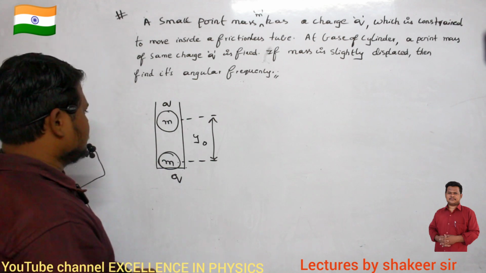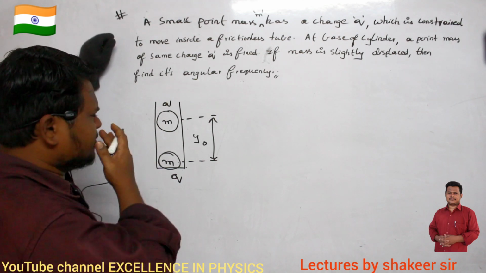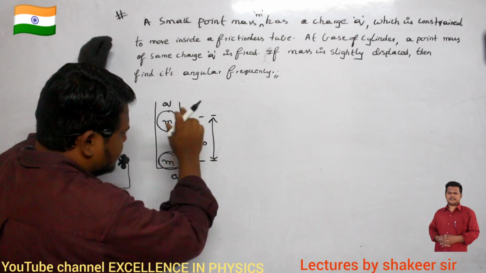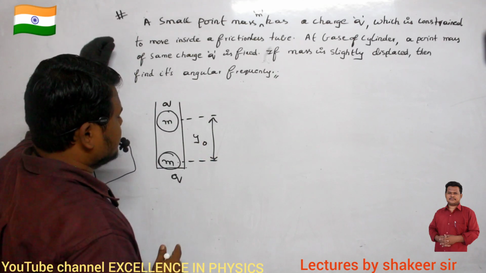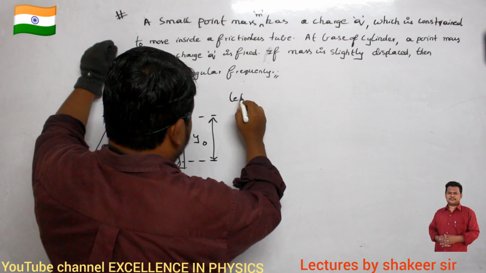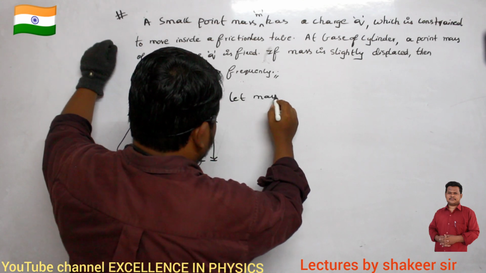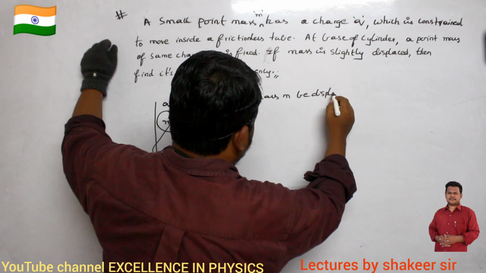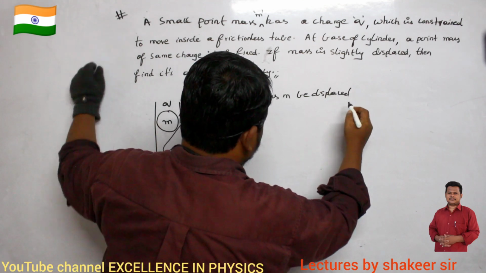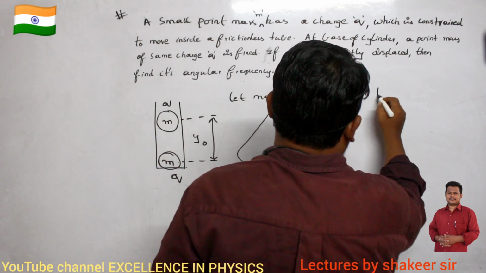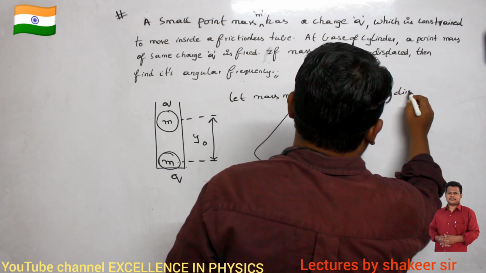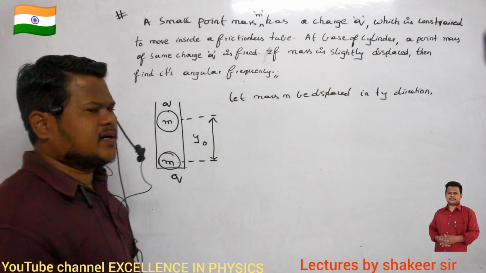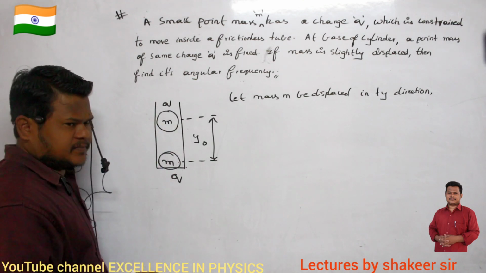Okay, let us do one thing. Let us slightly displace this one above this position. Okay, so let mass m be displaced in the plus y direction. In which direction are we displacing? Plus y direction. Very small displacement. Clear?